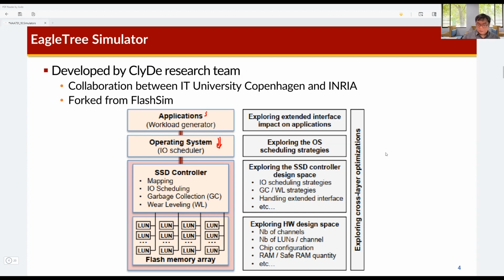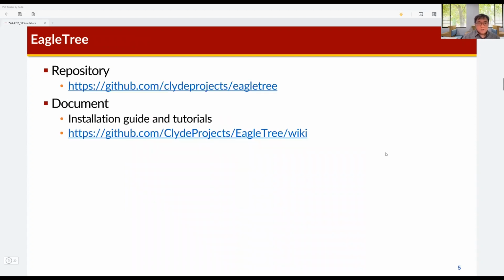Okay, this is the Eagle3 simulator. You can download it from this repository, and you can also find the installation guide and the tutorials in this GitHub repository wiki.